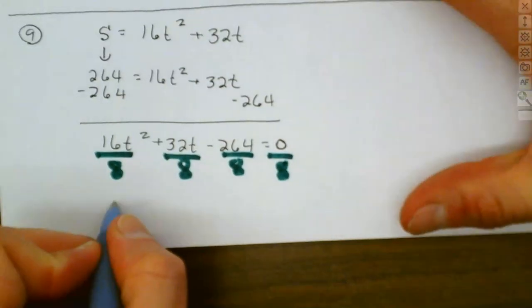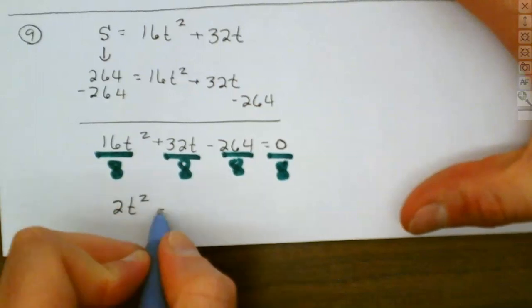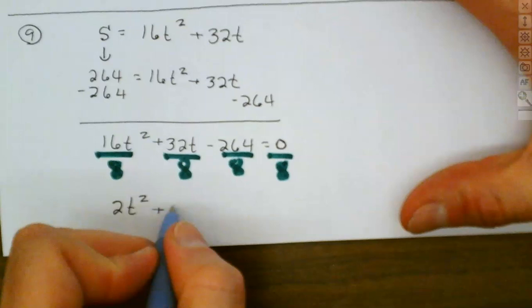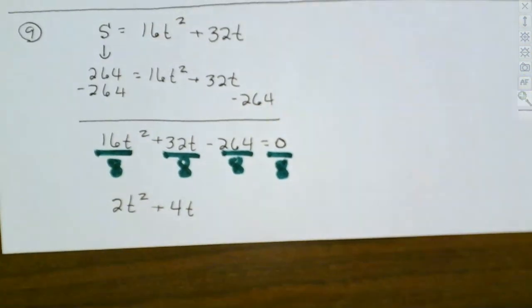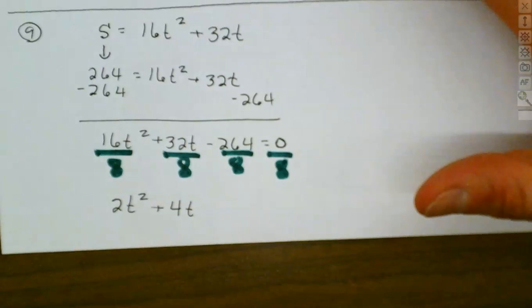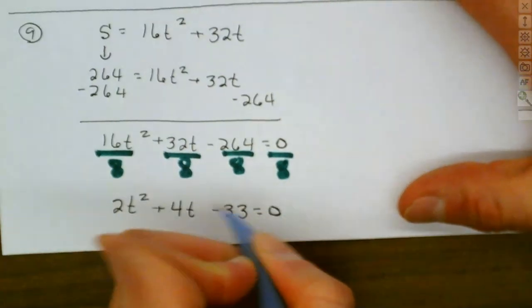Now we have 2t squared. 32 divided by 8, that's a 4t. And then we've got 264 divided by that 8. And that then comes out to be 33.